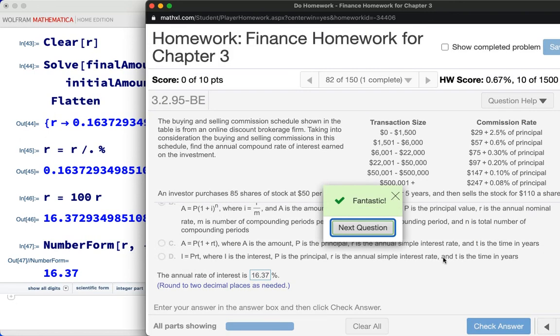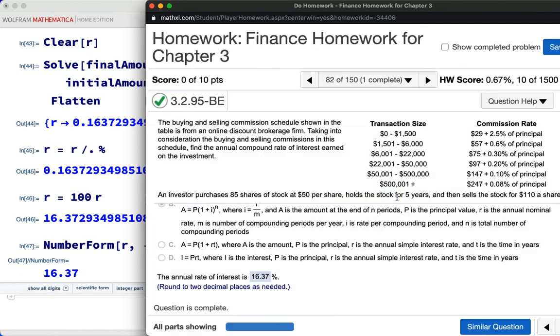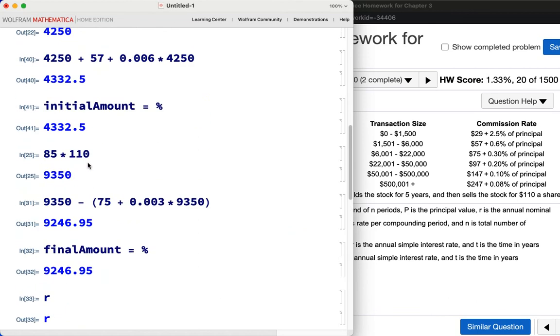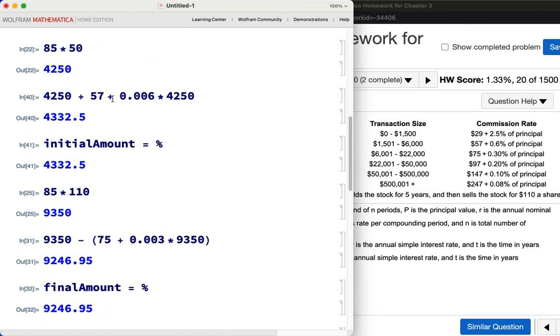Yeah, so my answer is correct. The reason my initial answer was wrong, guys, is because right over here, I did times instead of plus. It's $75 plus 0.6% of the principal.